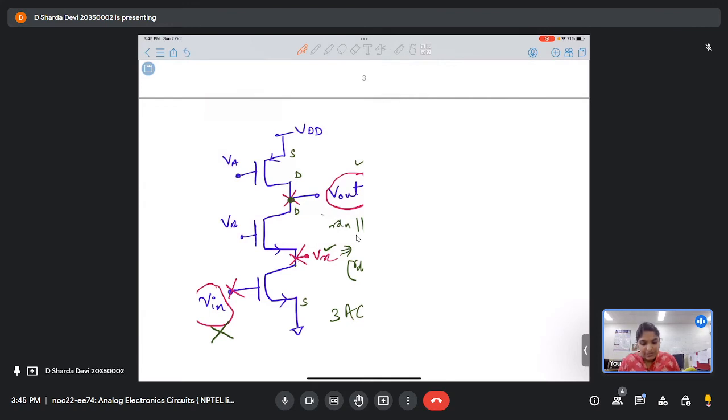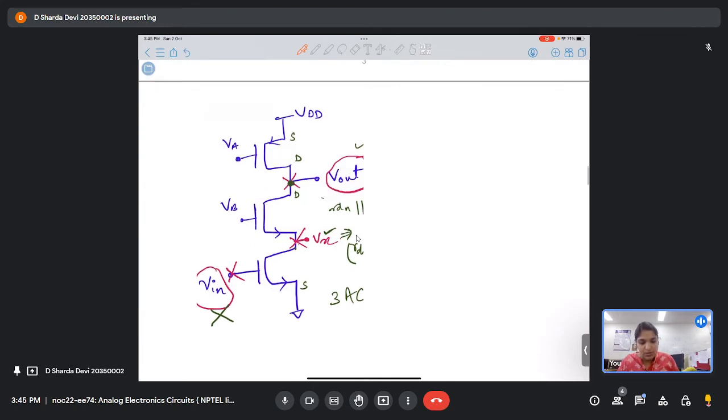When this is the circuit, now let's see what capacitances come into the picture. Let's say there is no body effect present. When I mean there is no body effect present, that means CSB is 0. So for now let's neglect that.